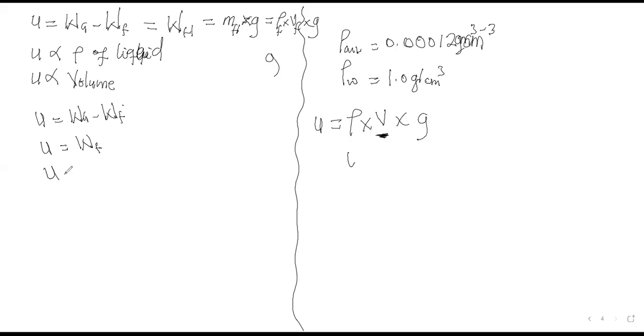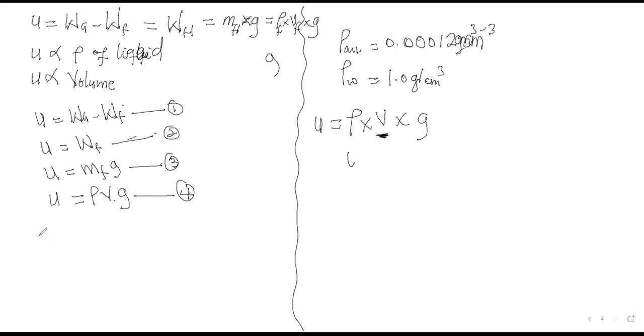Then upthrust is also equal to mass of fluid displaced times gravity. Finally, upthrust is also density of the fluid times volume of fluid displaced times gravity. These are all relations for upthrust. So depending on the parameters a question gives you, you can choose the one which will fit it suitably.